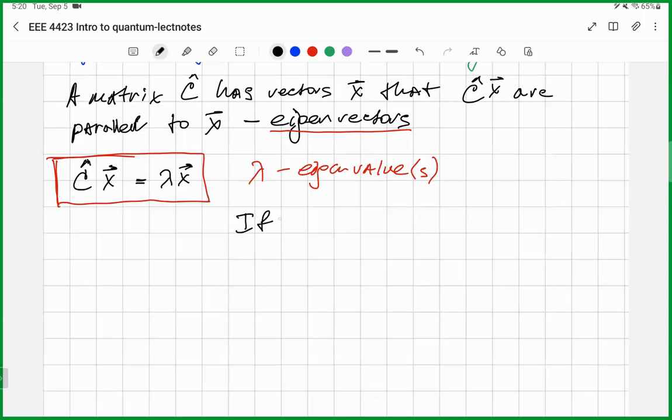And let's note that if this matrix C is singular, it means that an eigenvalue is equal to 0.